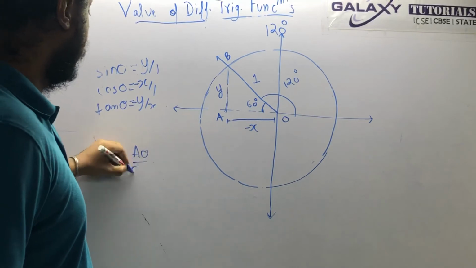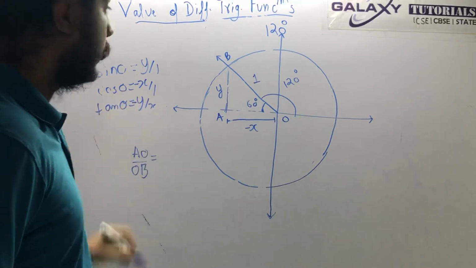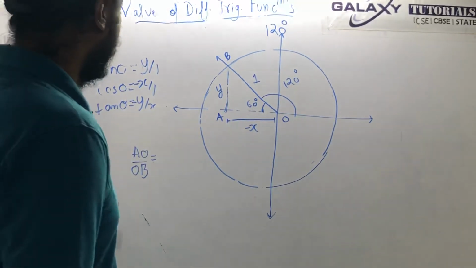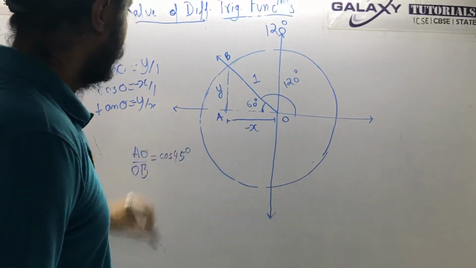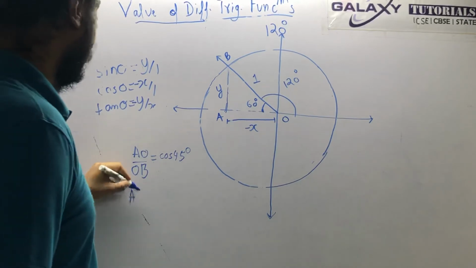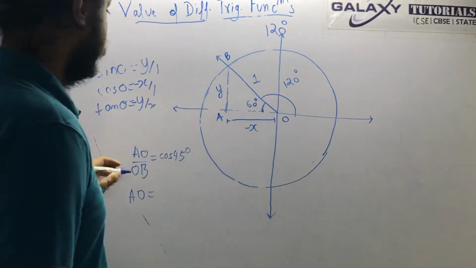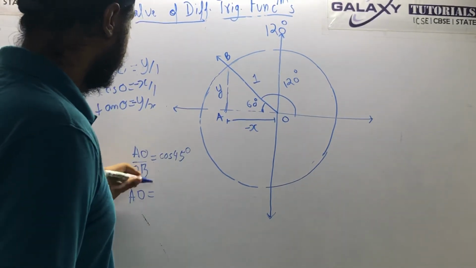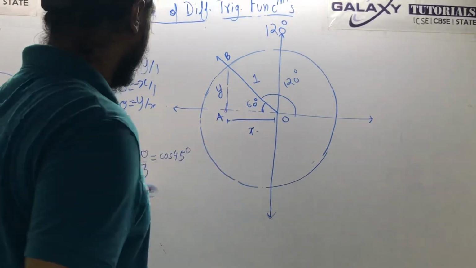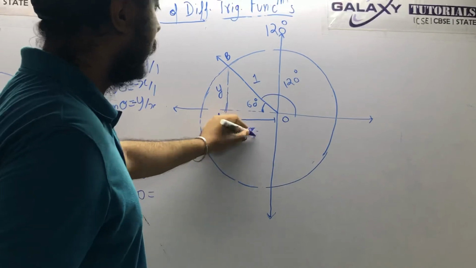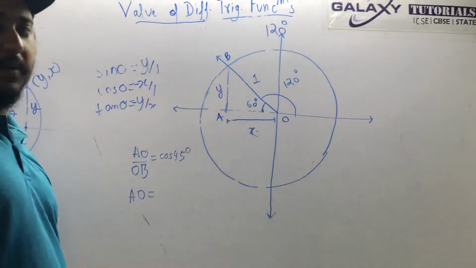AO upon OB will be equal to cos 45, and AO will be equal to how much? For the time being I will not use the sign here because I will use the sign in the formula. So I am just writing it as x and this as y.